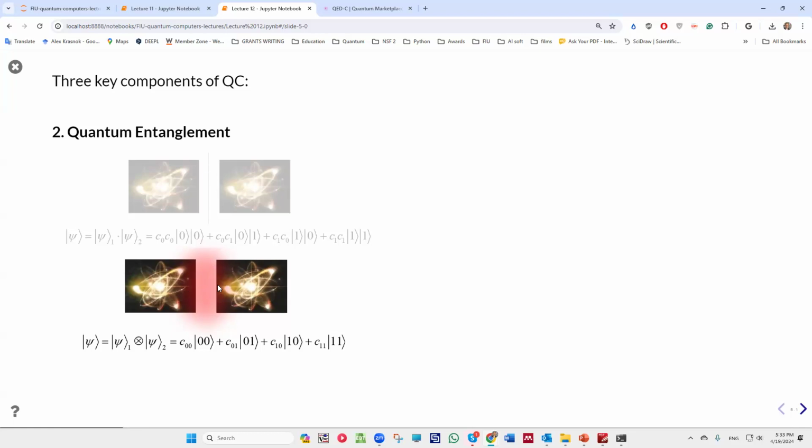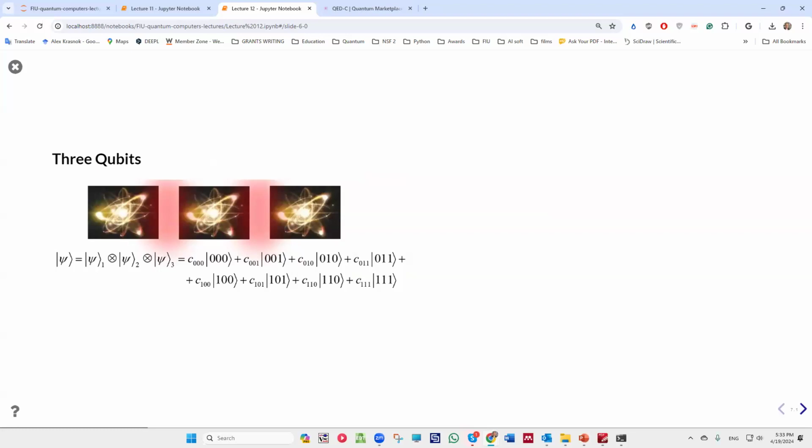By this red spot here, I indicate interaction between the two. So when you get interaction, you get these coefficients C00, C01, and so on, that are not related to the initial ones. Okay, so these amplitudes now depend on the state of both qubits, and the system becomes entangled.